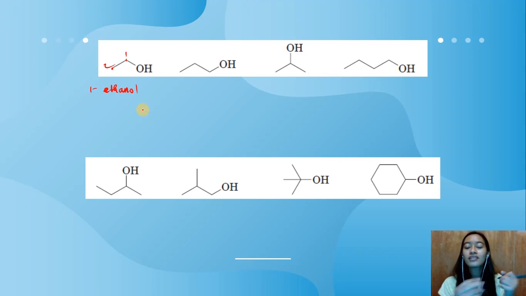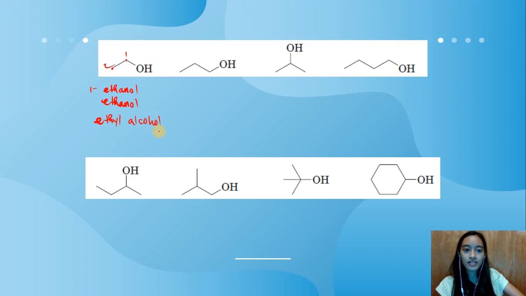But actually, if it's only 2 carbons, no need to write your 1 number. So just ethanol. Okay, well, the common name is, what should it be? It's ethyl alcohol. Next, 1, 2, 3.